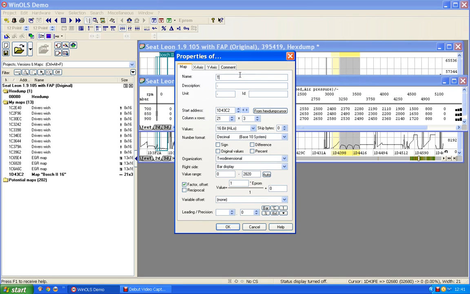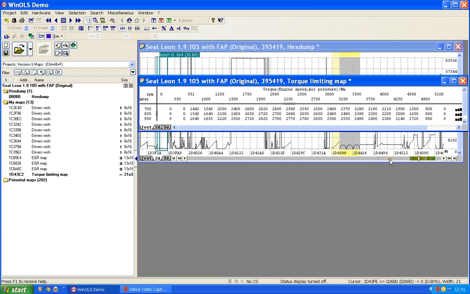So what we've got here then is our torque limiting map, and it looks like it is actually giving values in torque, in Newton meters, in which case that is probably 0.1. I doubt we need any decimal points.